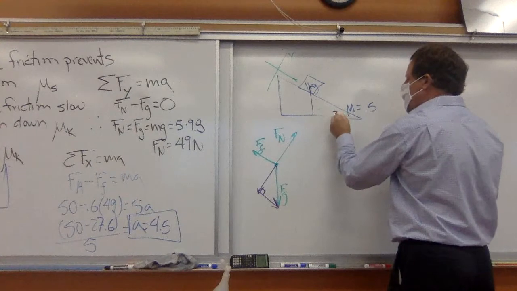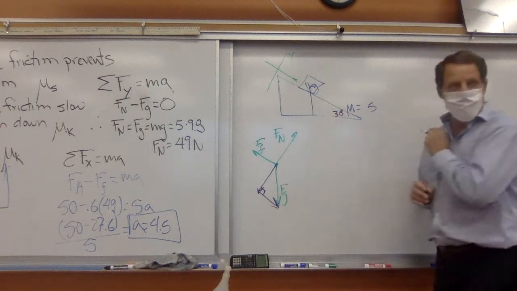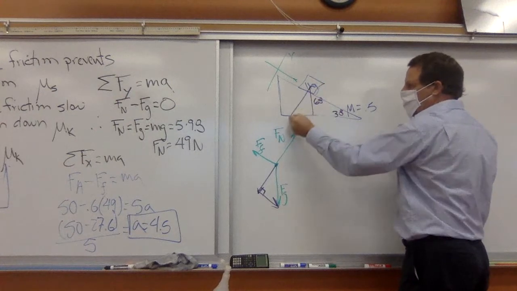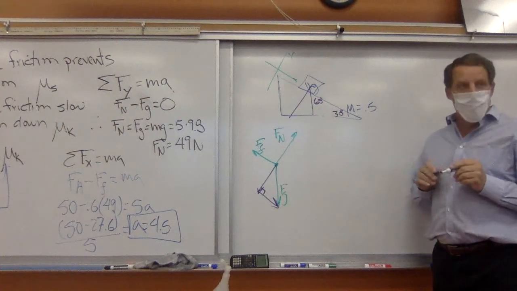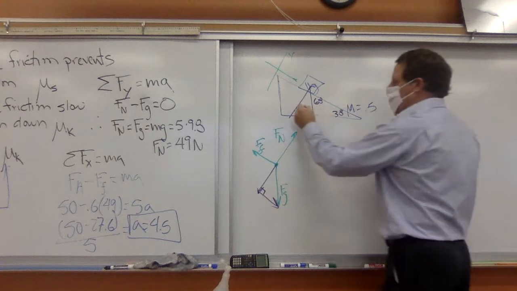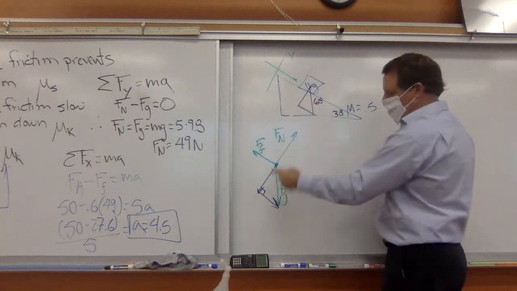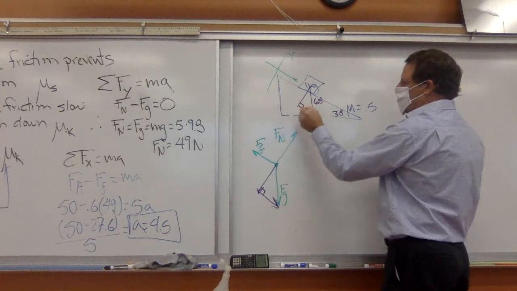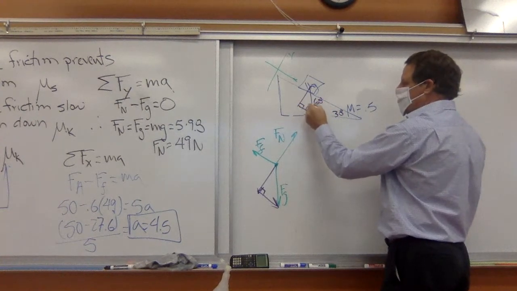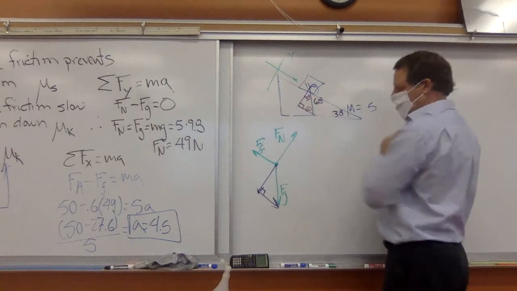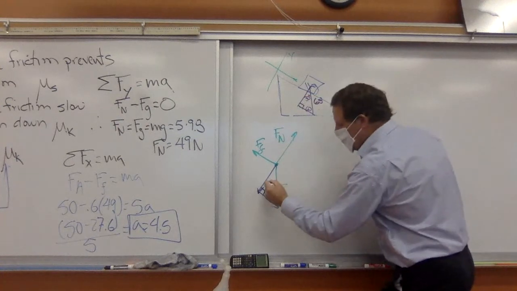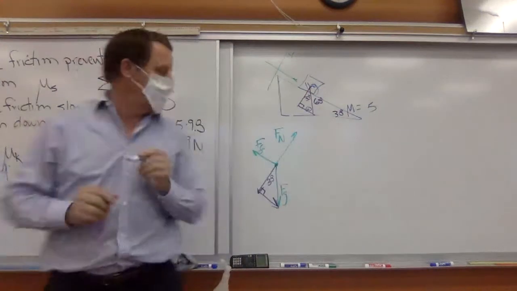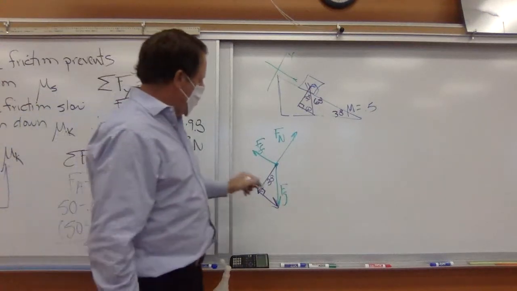So if this angle right here is 30 degrees, then this angle right here is 60 degrees, and now we're going to come normal, but into it, okay? And this triangle right here is the same triangle there. So we now know that this is 90, this is 60 degrees, and that's 30 degrees. So this angle right there is 30 degrees, okay?